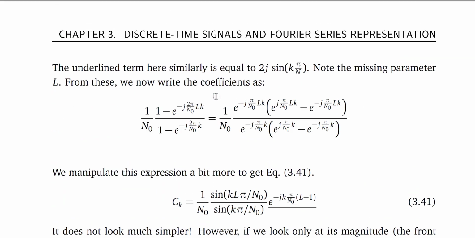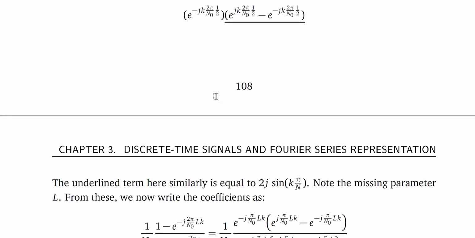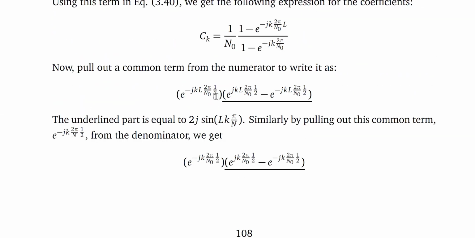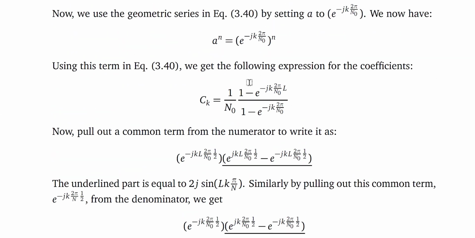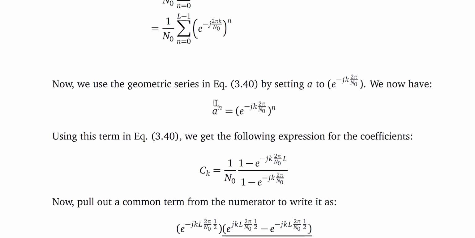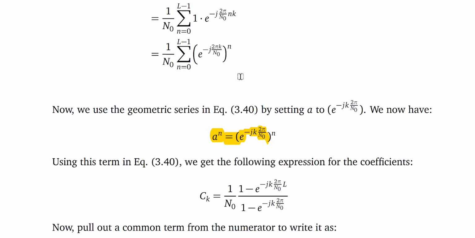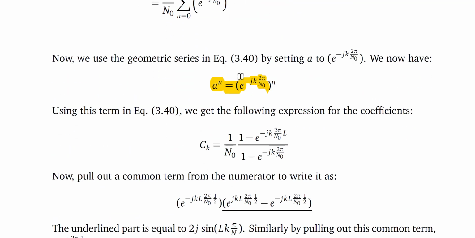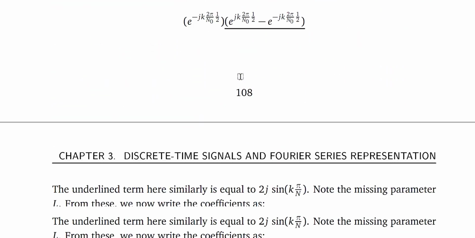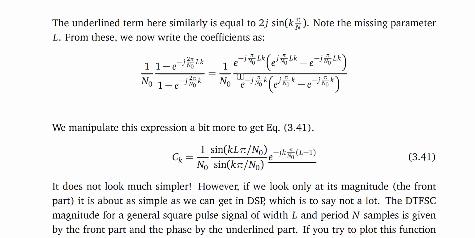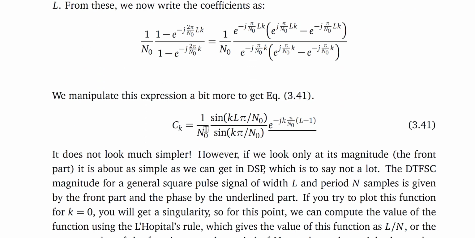There's a bit of mathematical manipulation required, but it's not too difficult. We actually will use the series summation equation, and when you use that, you come up with a very nice looking expression, very similar to the analog expression that we calculated.